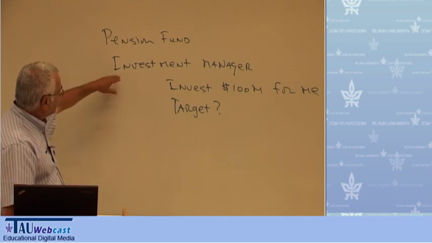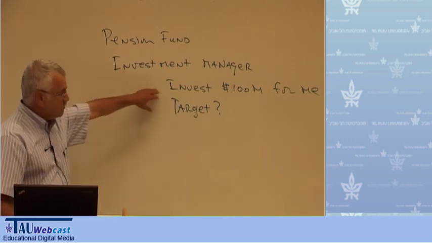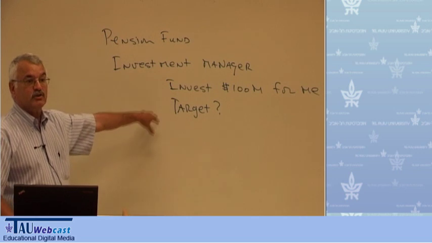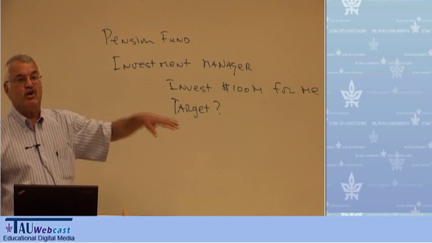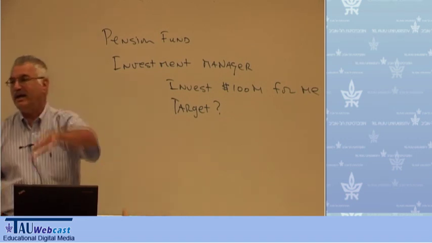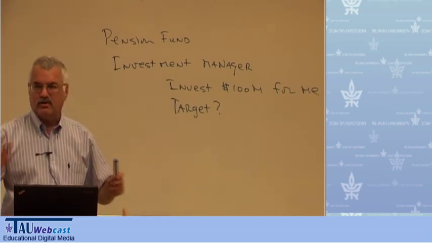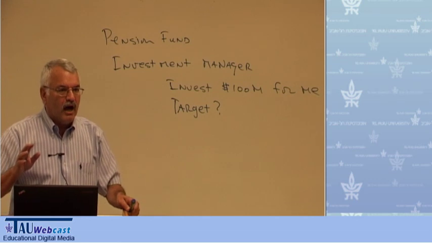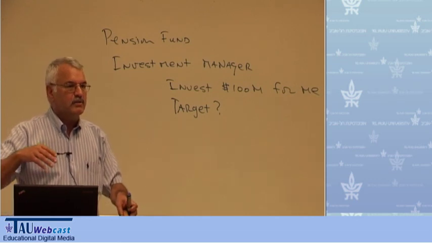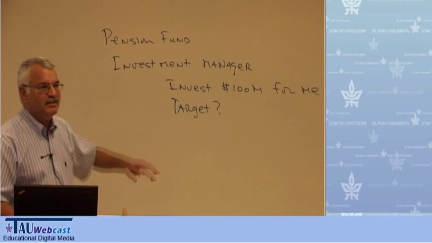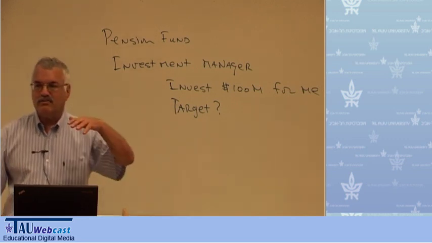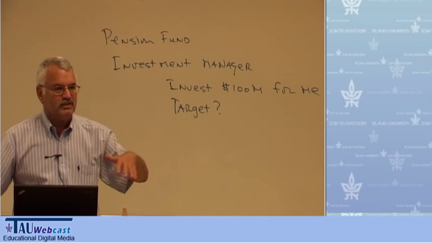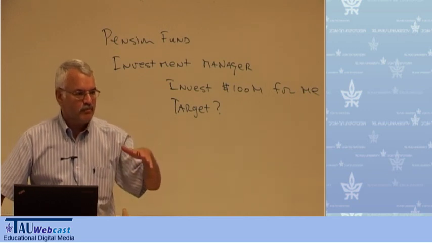Okay? So once you have this $100 million at stake, the first thing the investment manager should ask is, what target do you want us to beat, to match? Oh, okay. So the way I think about Black-Litterman is I think about this particular situation, and then I think, what kind of advice should the investment manager give?